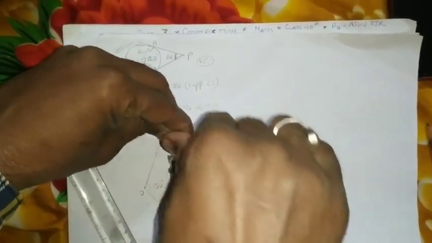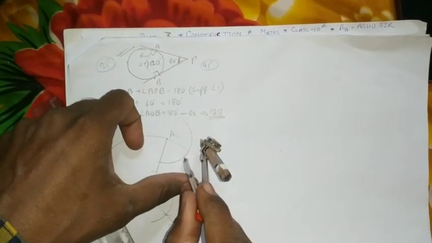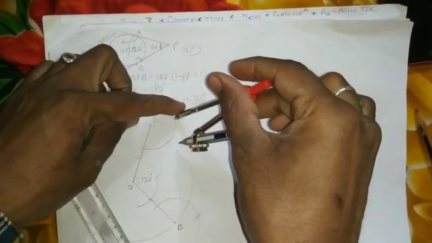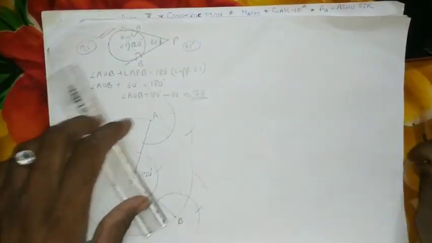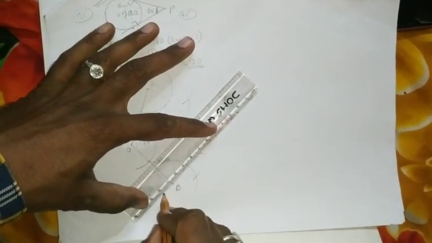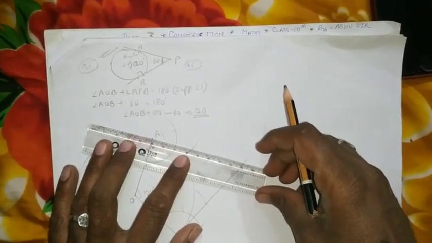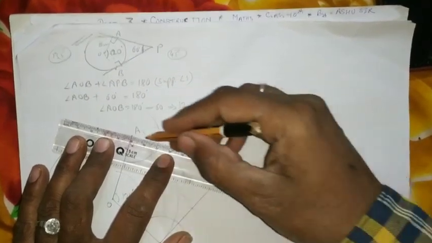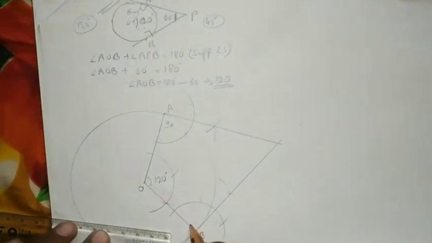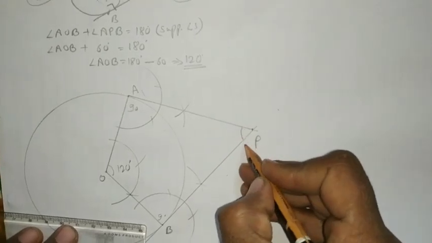At A and B both, 60, 120, bisect 60, 120. When we join this, so both angles are 90 and 90. They meet at P. This angle is 60 degrees.